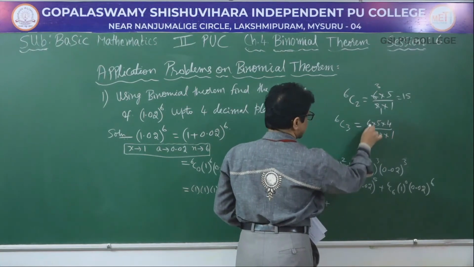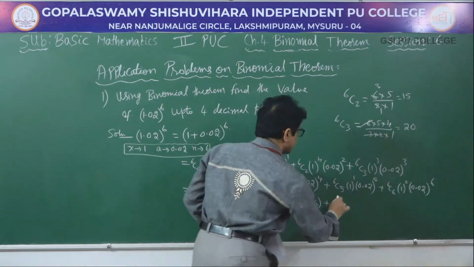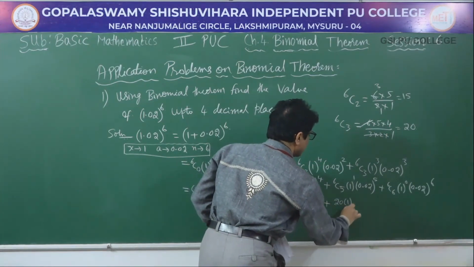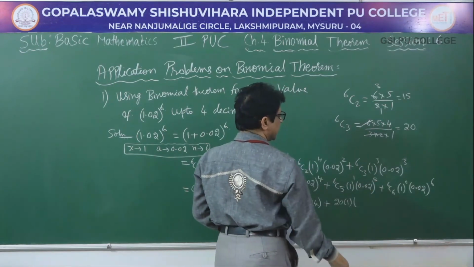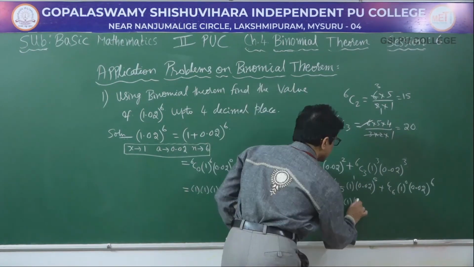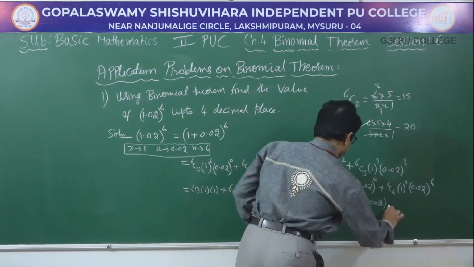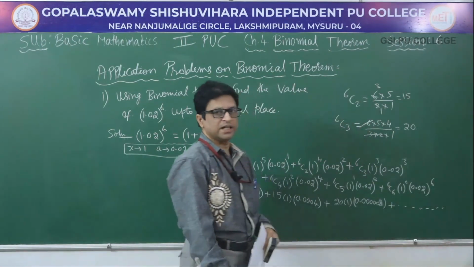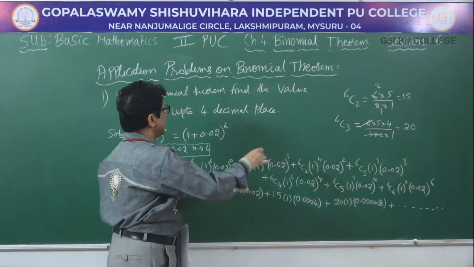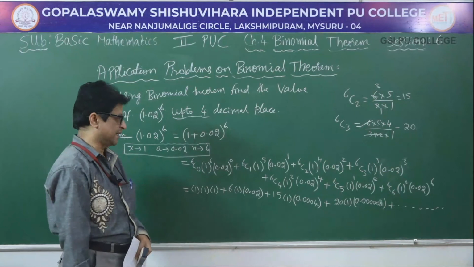So 3 2s are 6 and 6 will get cancelled. 5 4s are 20. So plus 20 into 1 into 0.02 whole power 3, which is 0.000008, plus etc. We ignore the remaining terms because here we have to find up to 4 decimal places.